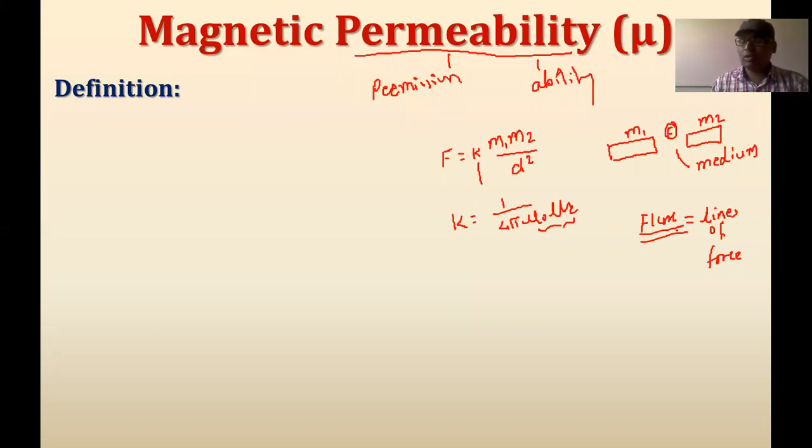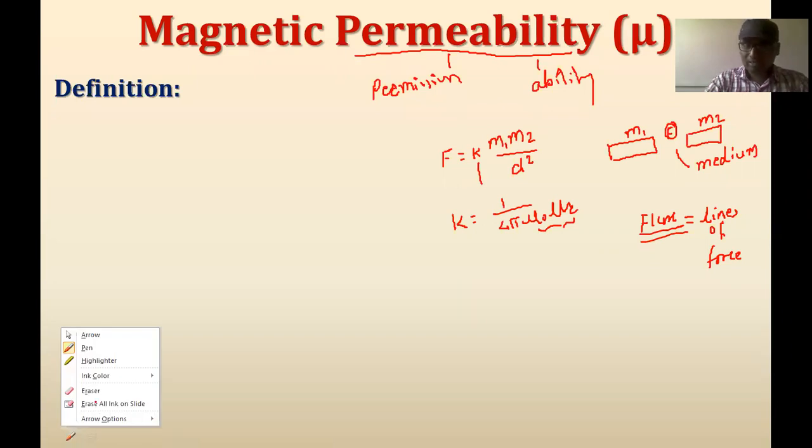If the substance will not allow the flux lines to flow through it, it will not give permission to pass the flux within it. It means that substance has a low permeability. Is the concept of permeability clear?